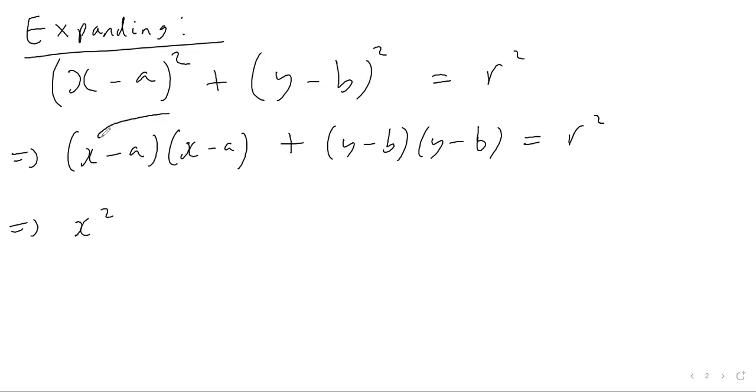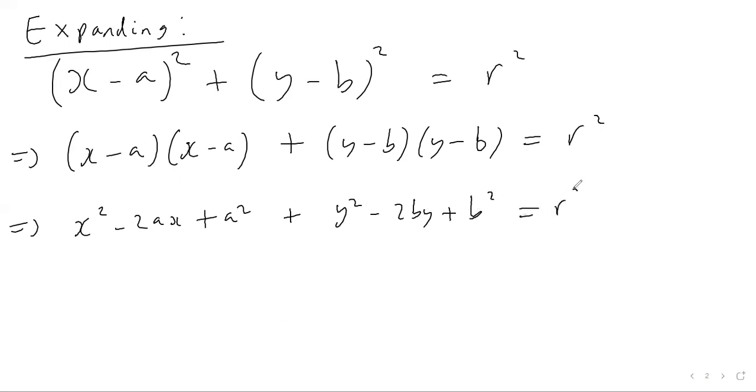We then get x times minus a, x times minus a again, so that's minus 2ax, and then negative a times negative a, which is positive a squared. And a similar thing over here as well, so we get a y squared there, a minus 2by there, and a plus b squared there, equals r squared.